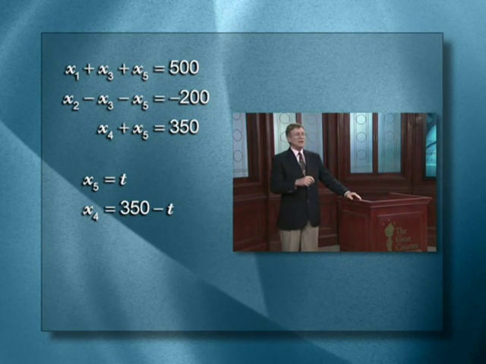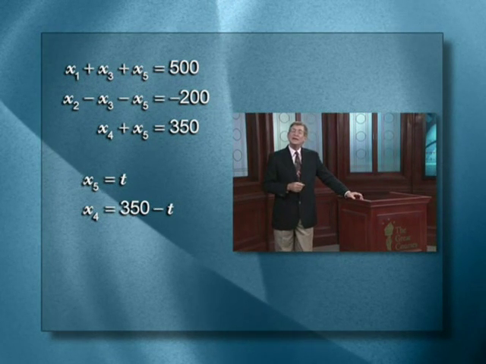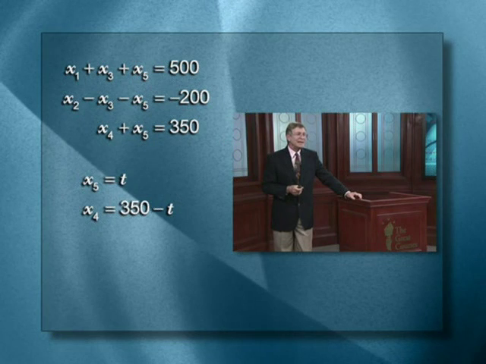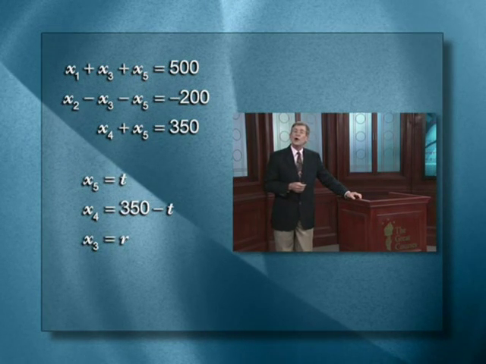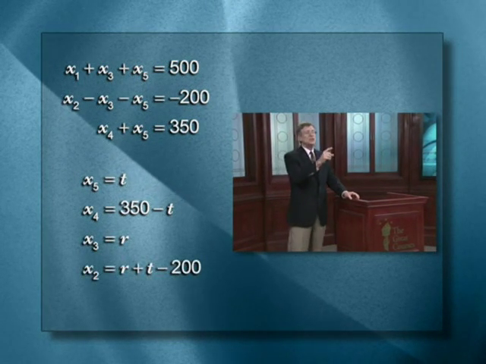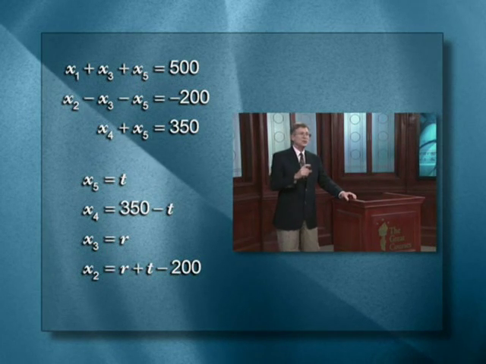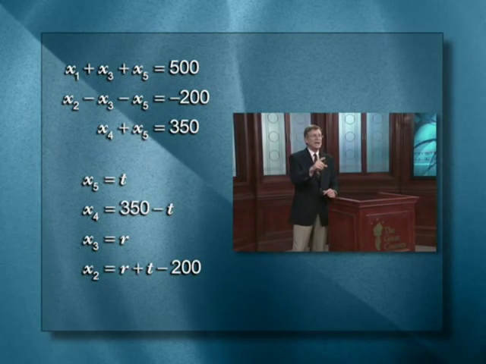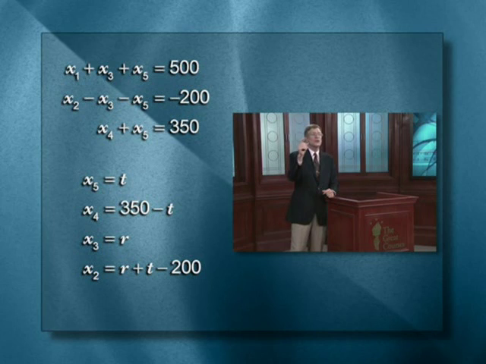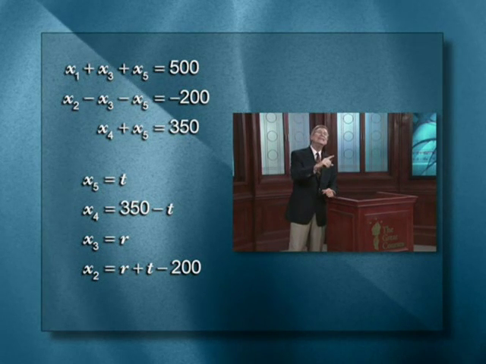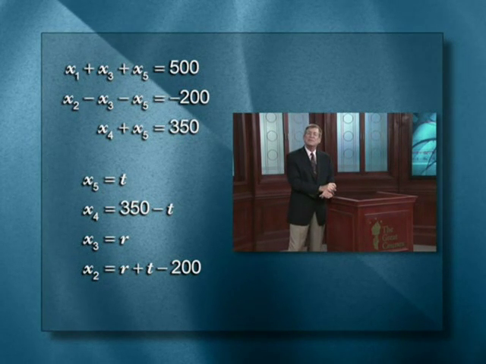Now look at x3. It's also a free variable. It can be anything it wants to be. So let's call it r. And now x2 is determined. x2 is equal to x3 plus x5 minus 200, so it's r plus t minus 200.